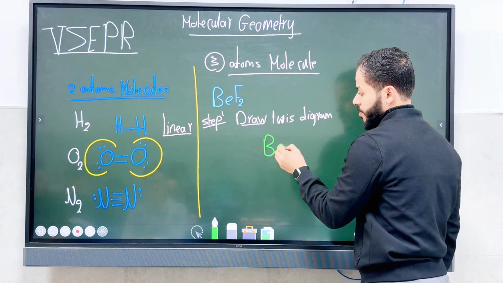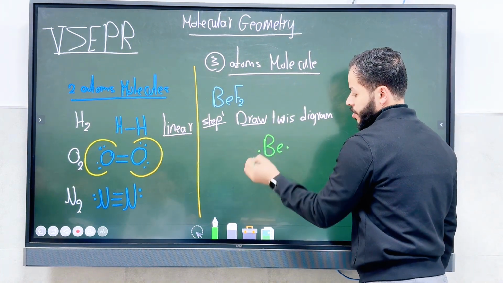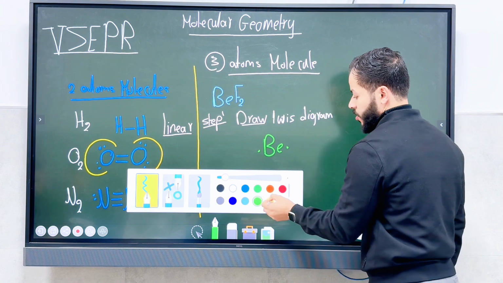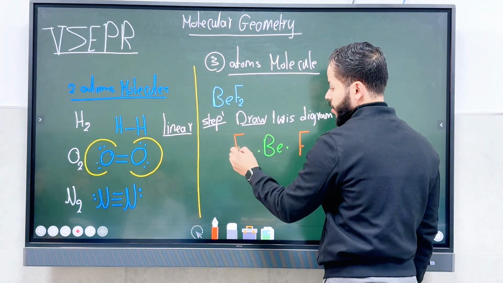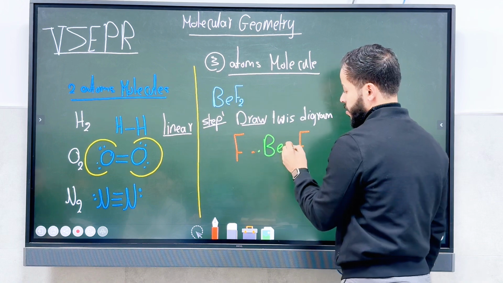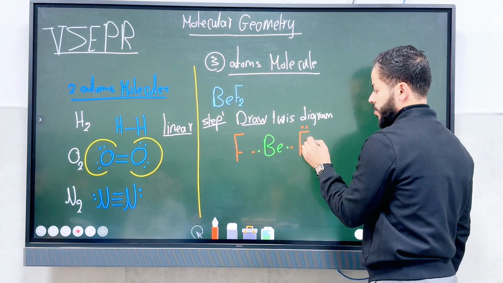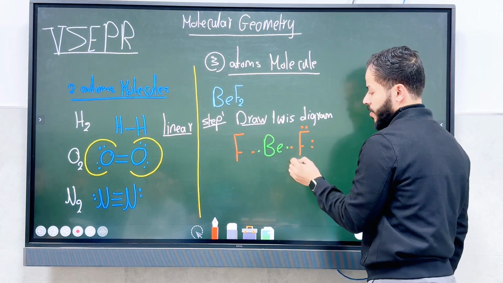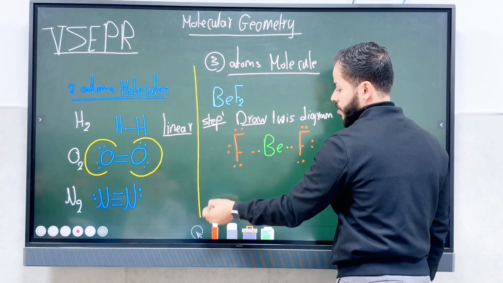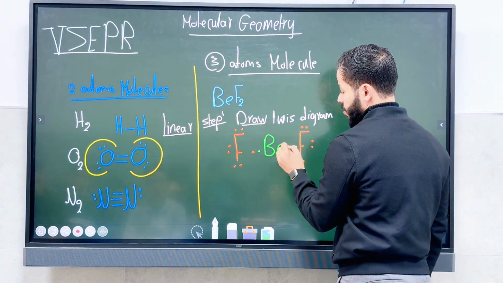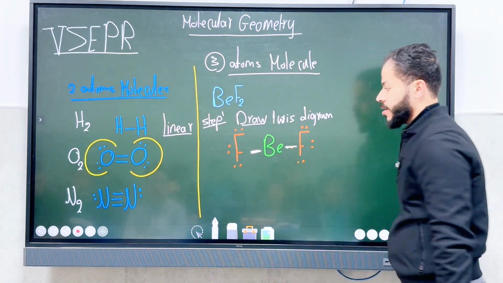Be is the central atom with 2 electrons, and we have the fluorines, right? Each one surrounded by how many? 7, right? So 1, 2, 3, 4, 5, 6, and 1, 2, 3, 4, 5, 6. And here is the shared bond, right?